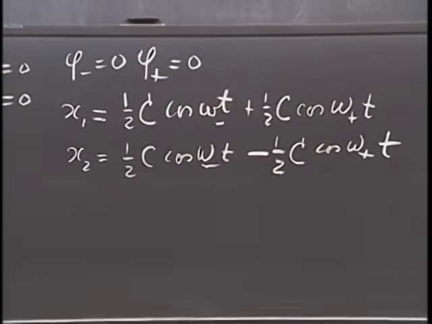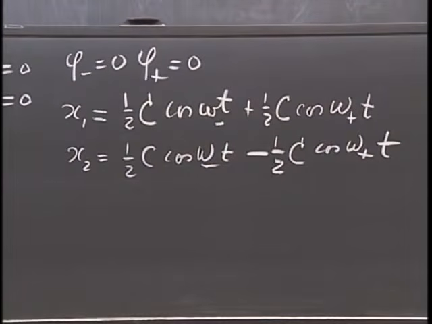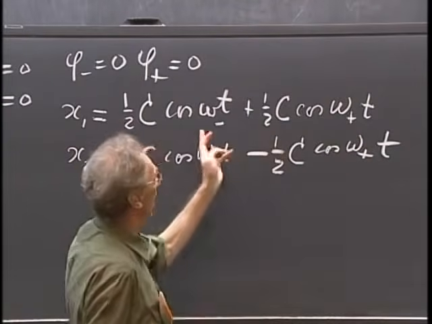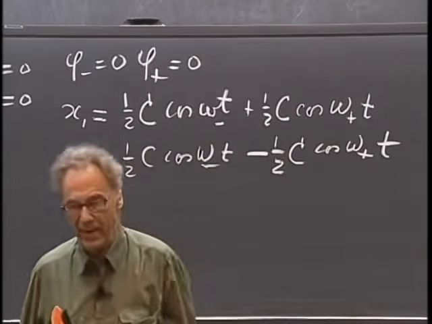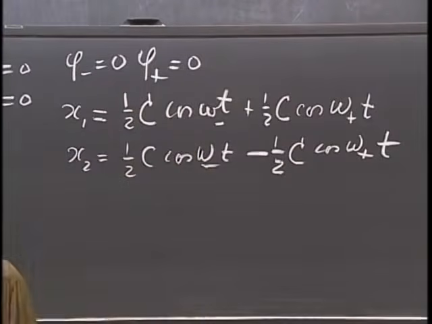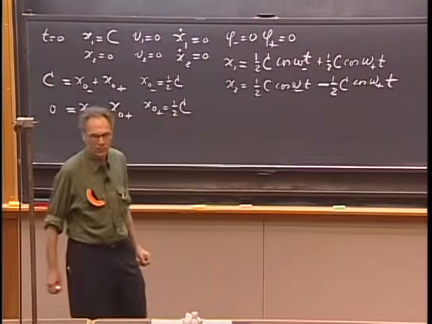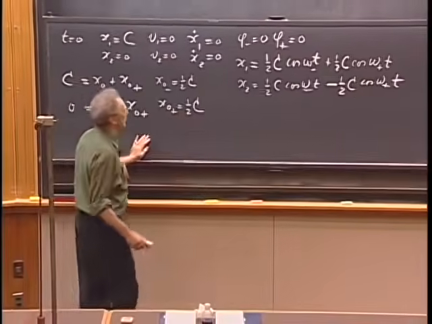Take a deep breath, substitute in there t equals 0, and you see immediately that x1 is c, and substitute t equals 0 in the second, and then you see indeed that x2 is 0. No surprise, because that's my initial condition. Now I remember from my high school days that the cosine alpha plus the cosine of beta is twice the cosine of half the sum times the cosine of half the difference.